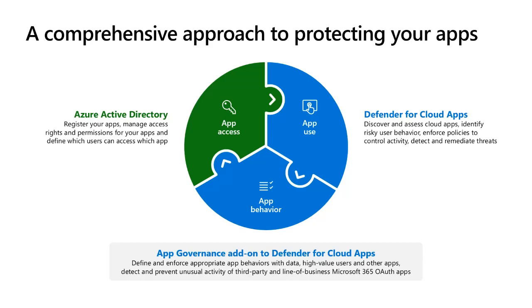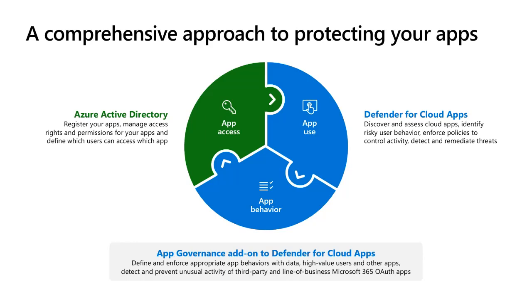Microsoft Defender for Cloud Apps is our leading CASB solution, which provides security features that enable management and governance of apps utilized by your organization. It enables you to discover and manage sanctioned and unsanctioned apps, govern access to those apps and the resources that they utilize, and assess and enforce cloud app security policies and compliance requirements.